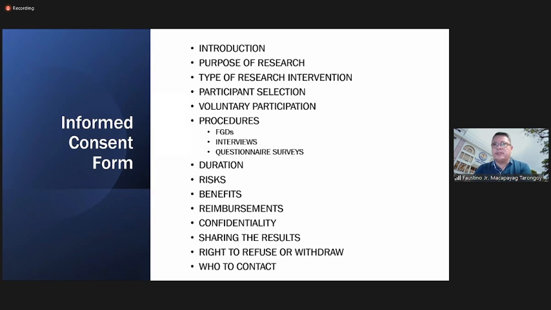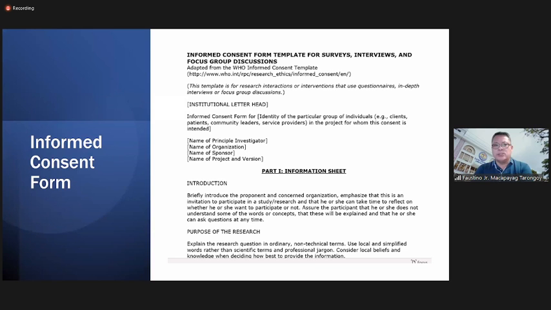You have to first explain why you are getting their answers, or why you are asking them to respond to your research as a participant. These are the elements in the consent form that you are going to explain, for the potential participant to understand and know before the person agrees and gives consent to participate in your research.